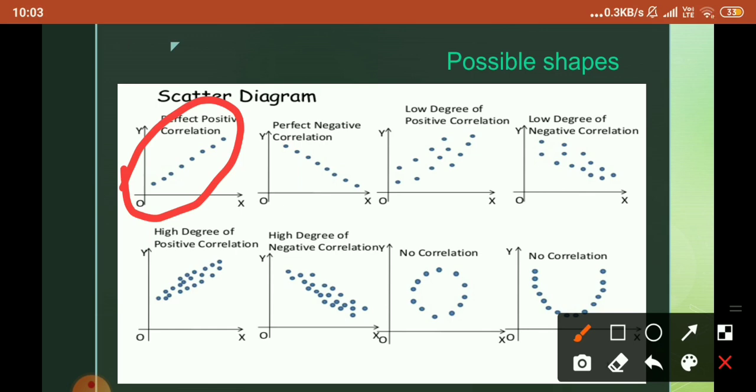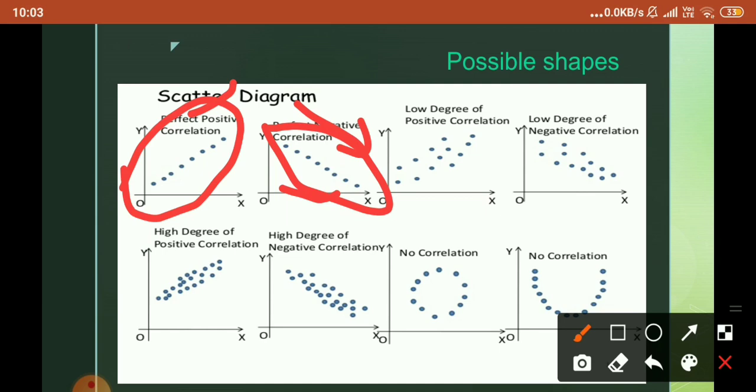This is the case of perfect positive correlation. If the data sets are on a straight line, but the line is going down, that means it is a perfect relationship. Perfect means lying on a straight line. If all the points are on a straight line, that correlation is perfect. Now perfect can be of two types, positive or negative. If the line is going upward, it is perfect positive. If the line is going downward, it is perfect negative correlation.